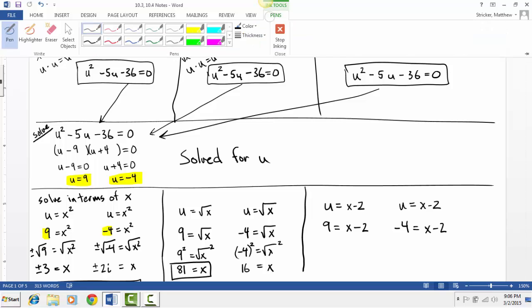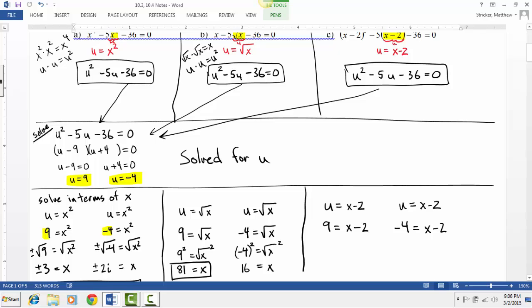And to solve both of those for x, we just have to add 2 to both sides. When we do that, we get x equals 11 and x equals negative 2.